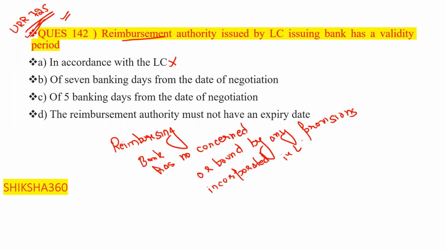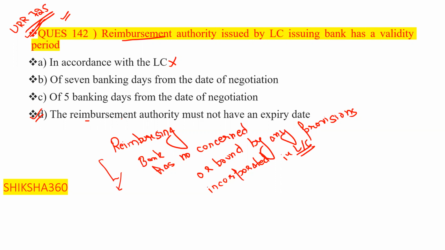The reimbursement authorization is a totally separate transaction, it has no relation with the terms and conditions of the letter of credit. So the correct answer is option number D.